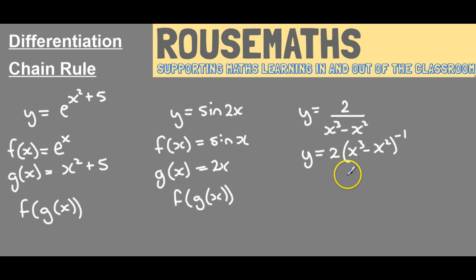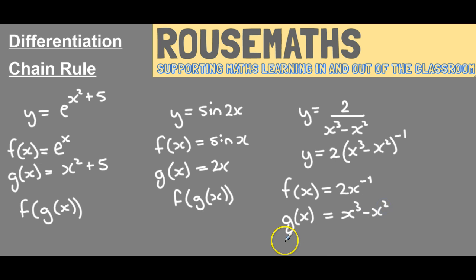So as the denominator to the power -1, and then we can appreciate that we've got one function, which is that, and we've got our g of x, which is the part inside the brackets. So once again, a composite function. So to use the chain rule, it's got to be a composite function of this kind of form.